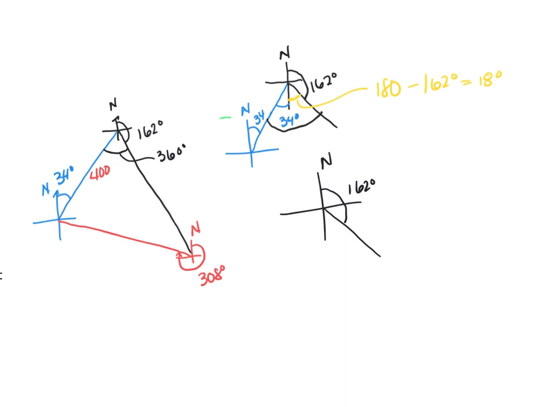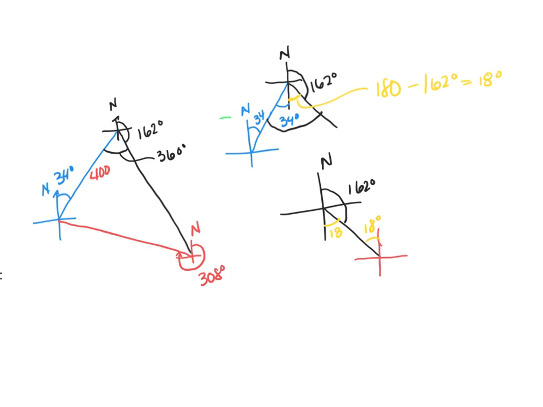Not drawn well, I might add. So if this is 18 degrees, then this has to be 18 degrees because they're running parallel.